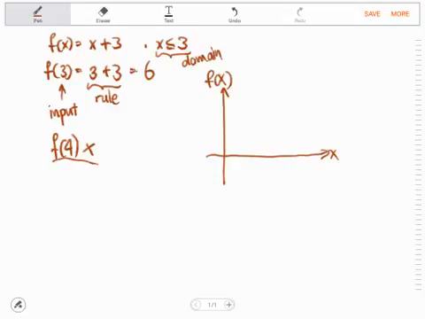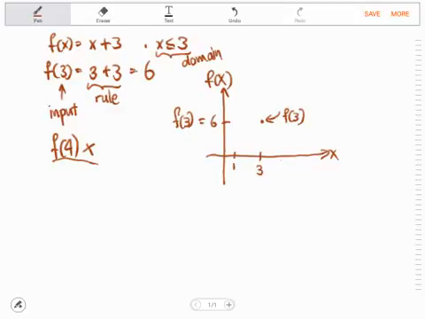When we input a value 3, what we get is a value 6 for f(3) equals 6. So this is your f(3). We cannot input numbers that are 4, so there's nothing over here.